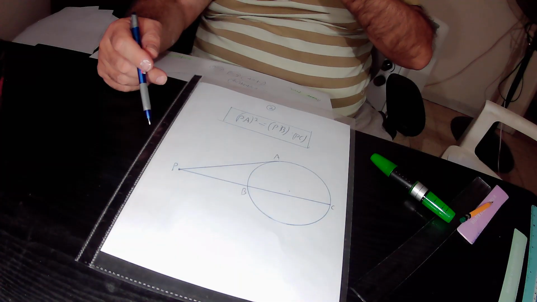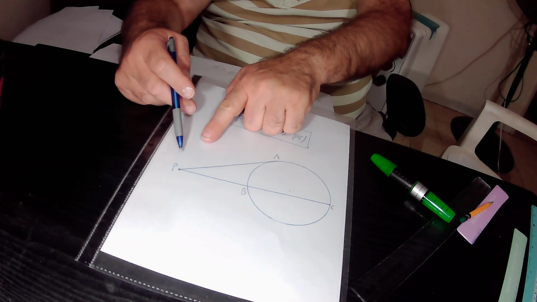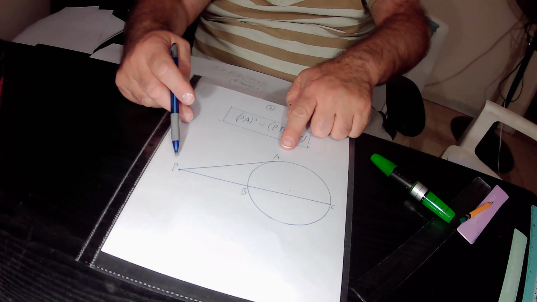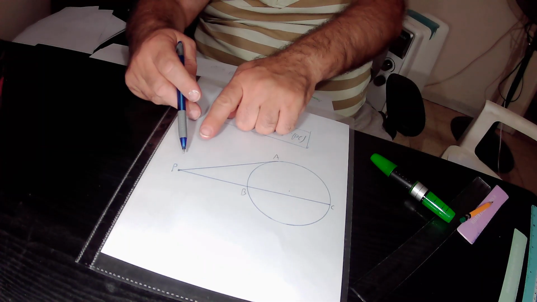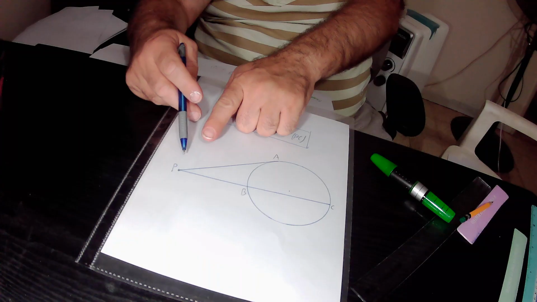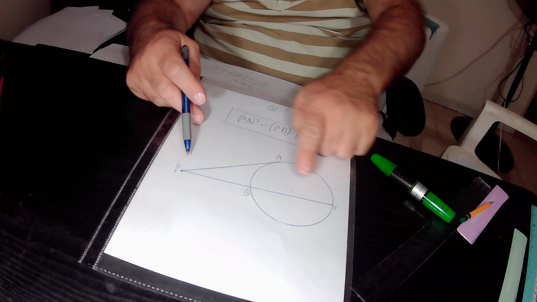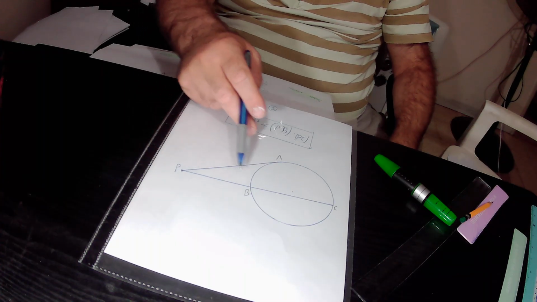So according to the tangent secant theorem, the length of the tangent squared, that is PA squared, equals the product of the external part of secant PC, that is PB, times PC. Again, PA squared equals PB times PC.